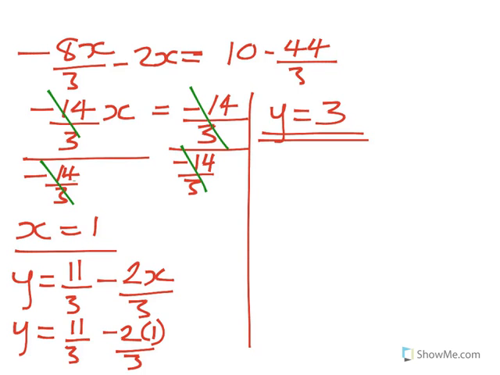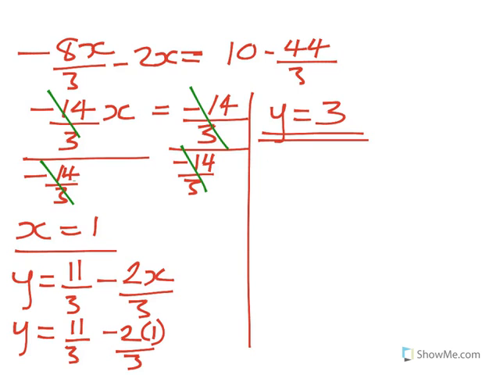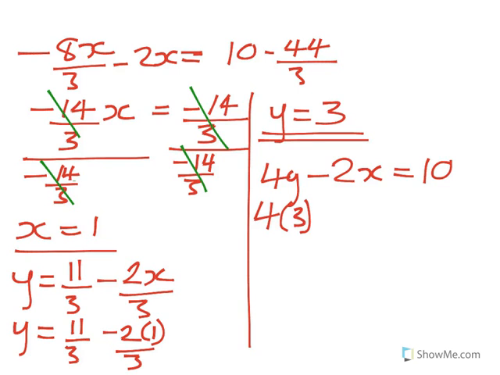By the way, on this kind of scenario, sometimes you can quickly check your answer. For example, we can put it in the second equation, 4y minus 2x is equal to 10. Now what is our value of y? y is 3, that is checking our answer.